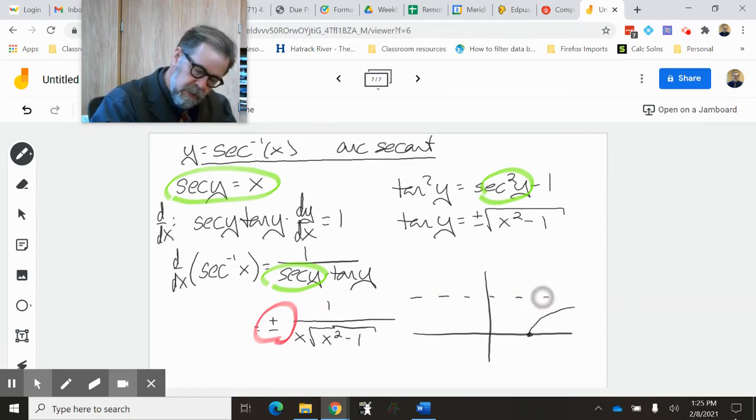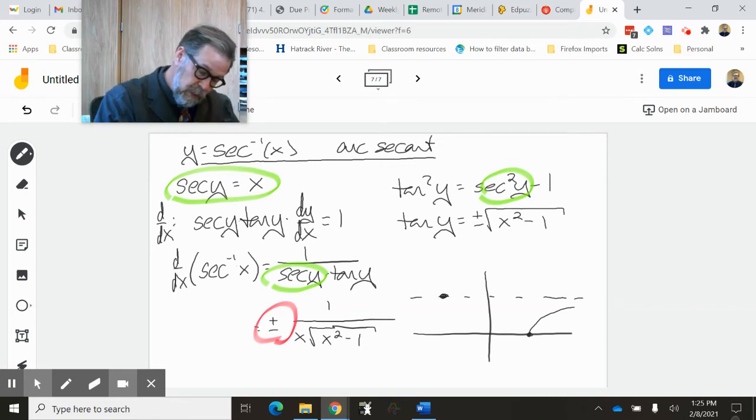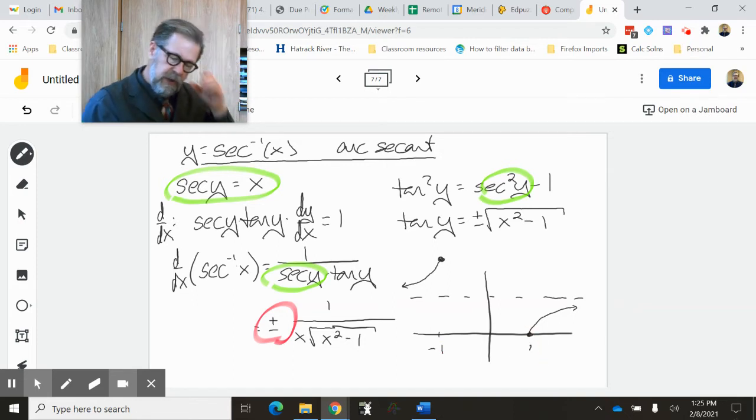And what we get is that the graph of secant looks something like this. Oops, excuse me, not like this, like this. And this is -1, and this is +1.